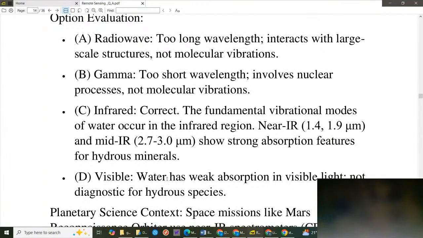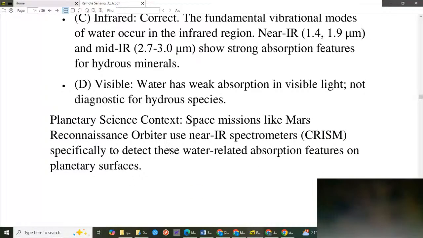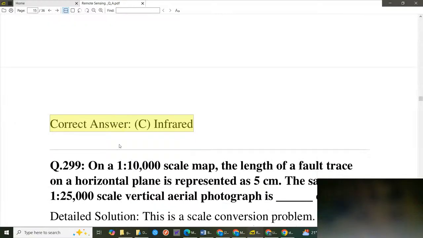The visible wave has weak absorption, not diagnostic. So in the planetary science context like Mars, the correct answer is C, the infrared, as explained in the first question.